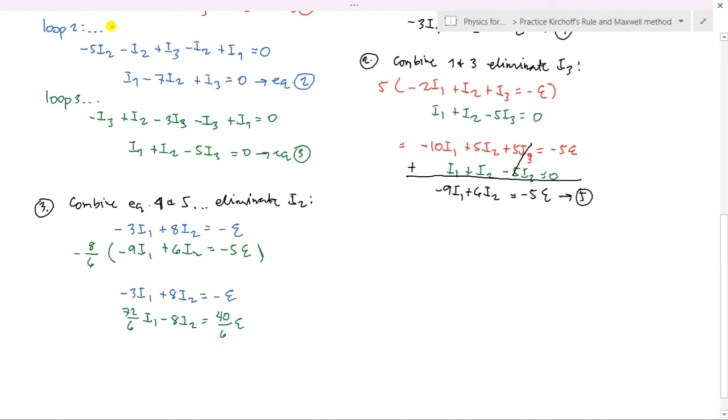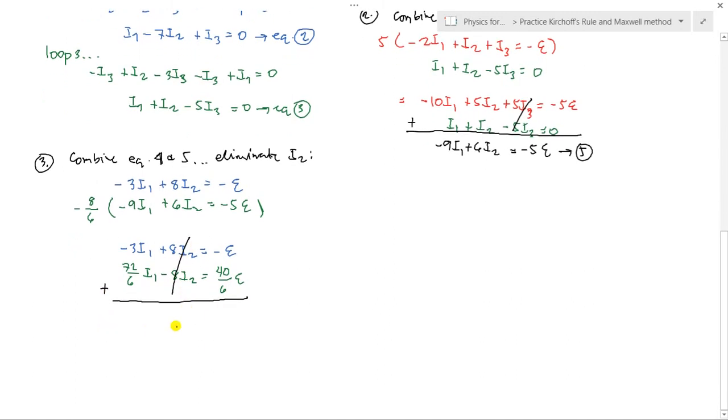Now adding both equations, the I2 terms cancel out, so what's left is I1. So we add 72 over 6 minus 3. The result is 9, so 9I1 is equals to 40 over 6 minus 1, the result is 17 over 3, so 17 over 3 e.